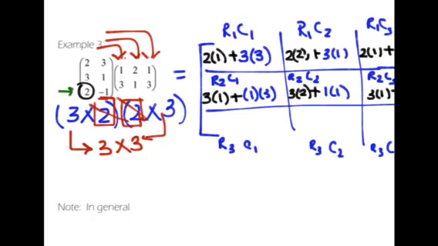This 2 times this 1, this negative 1 times this 3. Then the next column, the same 2, but now it's going to get multiplied by this 2. And this negative 1 times that 1.